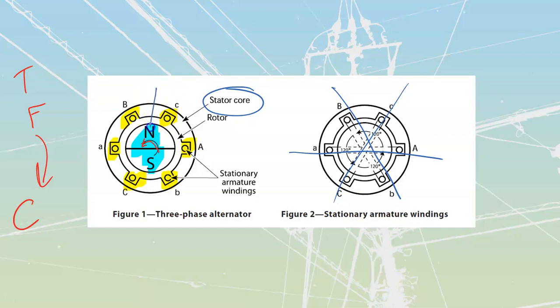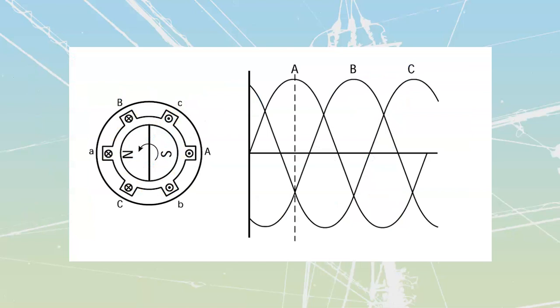In other words, when this north pole is directly lined up with this C section over here, we get maximum current through C. But as it moves away from C towards B, we then get maximum current across B, but less current across C.